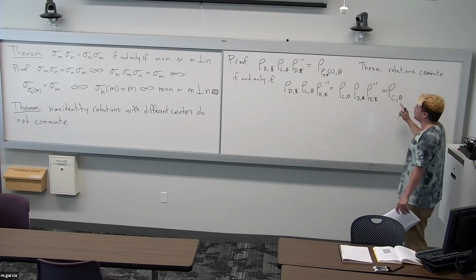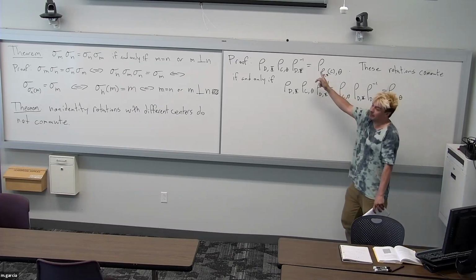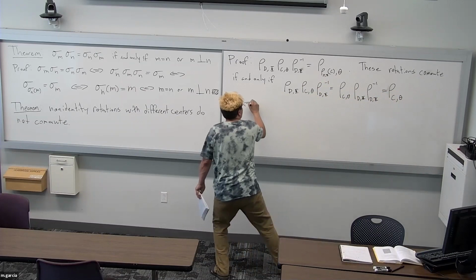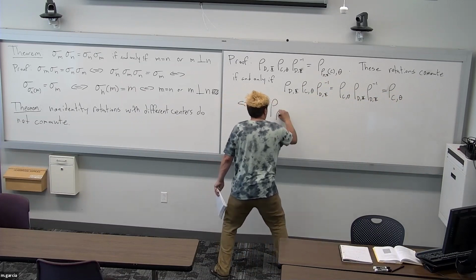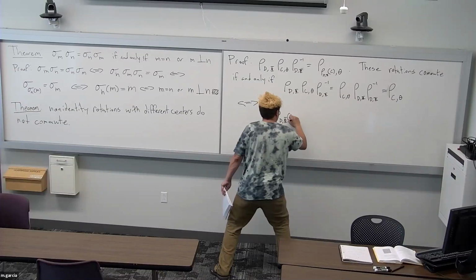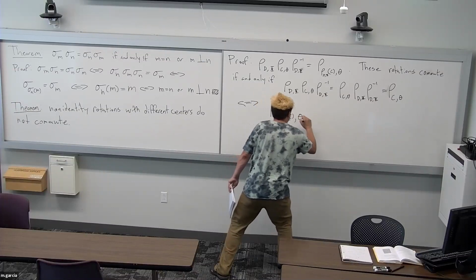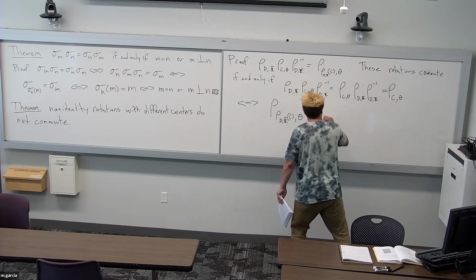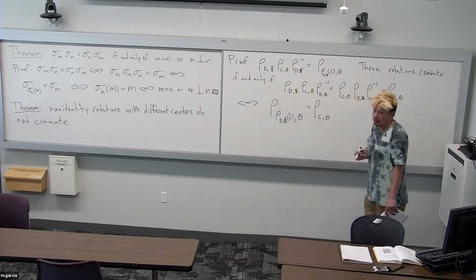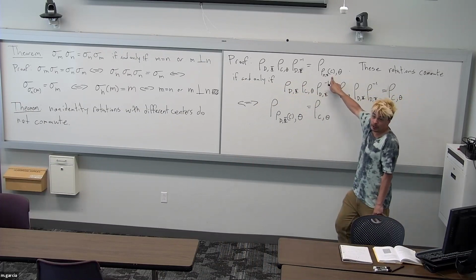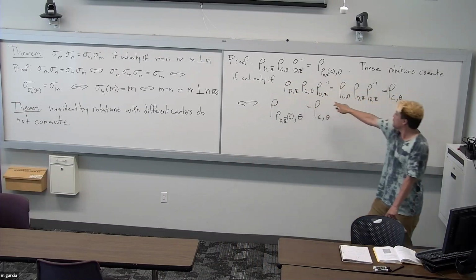So if they were to commute, I would have to have rho_{d,phi} of c comma theta equal to rho_{c,theta}, right? This is by the formula for conjugation that we have, and this is assuming that they commute.